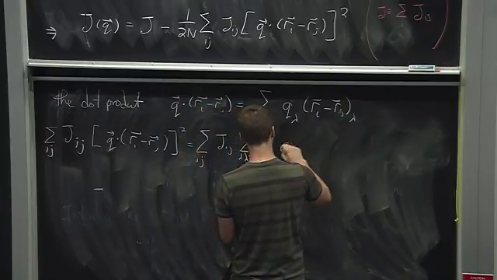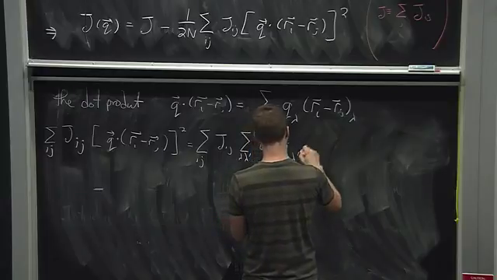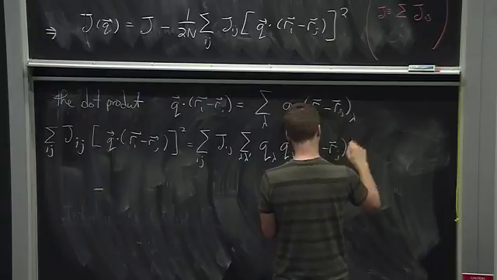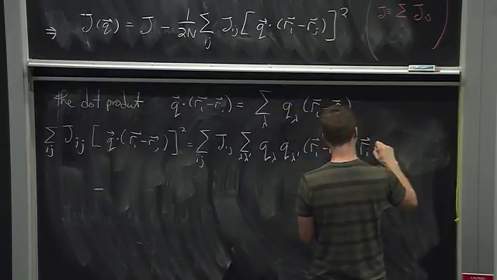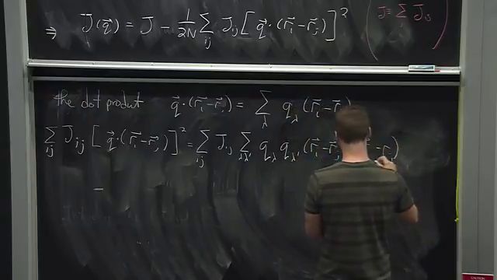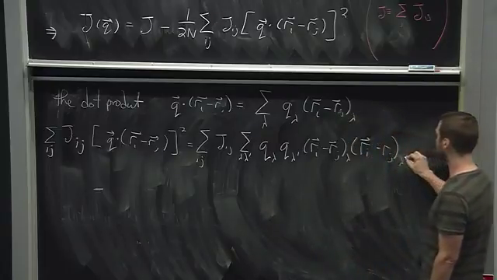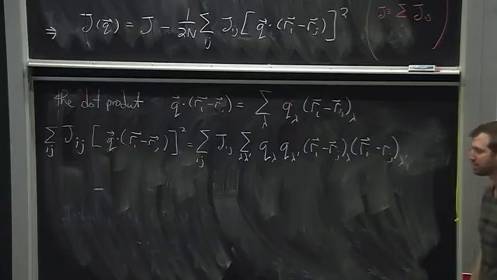So let me be careful and keep those indices separate again. I'm labeling this with two different directions, lambda and lambda prime.